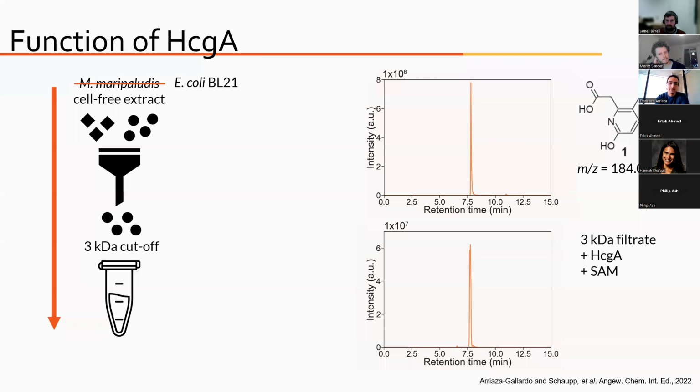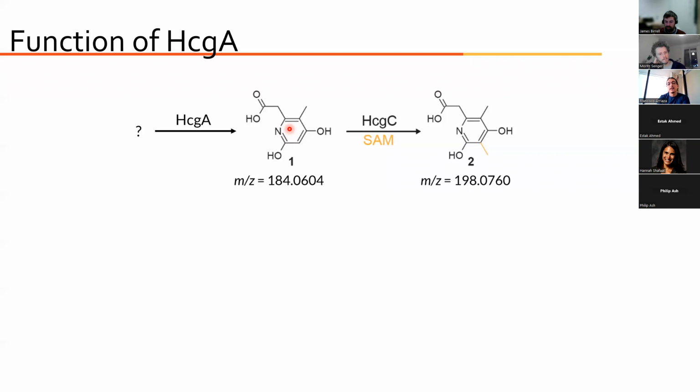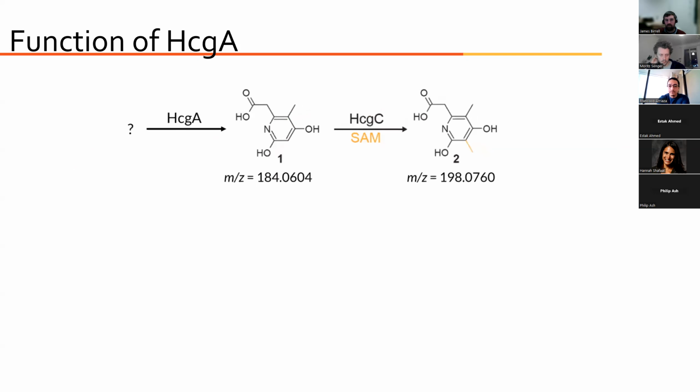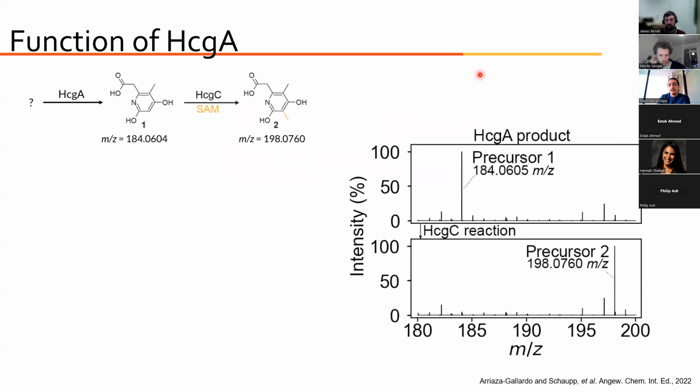But we need to discard that it's really this precursor, or maybe a precursor that has a similar mass, for example, a similar retention time by coincidence. So we paired both of the enzymes and we ran them together. And we see here, this is the product of ACGA.